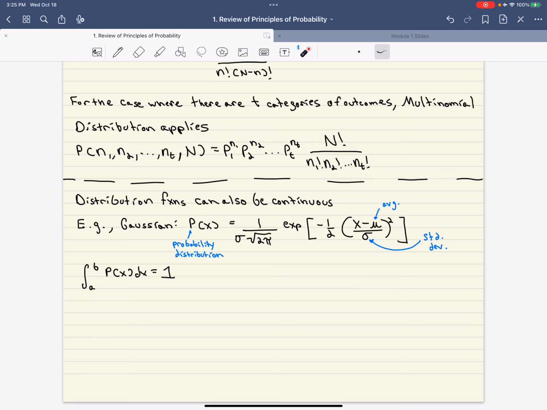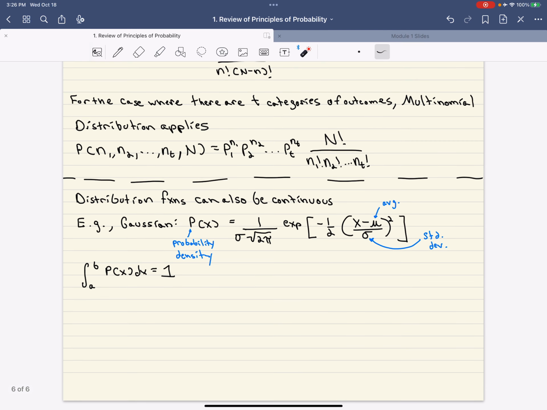So the integral of our probability distribution, or probability density, actually, that's what I should call it, between 2 limits should give us exactly 1. That's the case for what we call a normalized probability density. And this coefficient out here is important because it helps make sure that this integral is equal to 1.